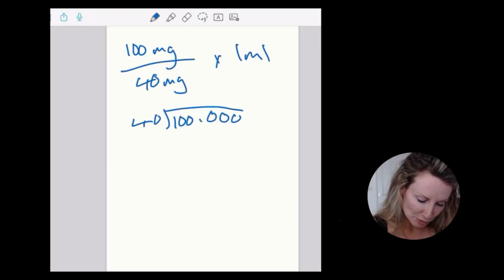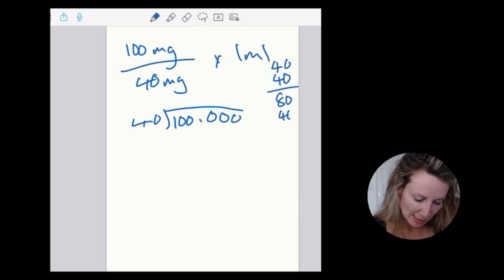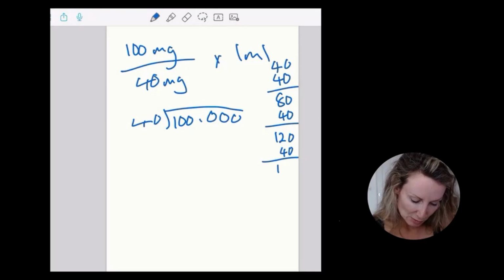So what we'll do is we'll do our 40 times table again. 40, add 40, 80, another 40, 120, another 40. It's going to be 160, another 40. It's going to be 200, another 40.